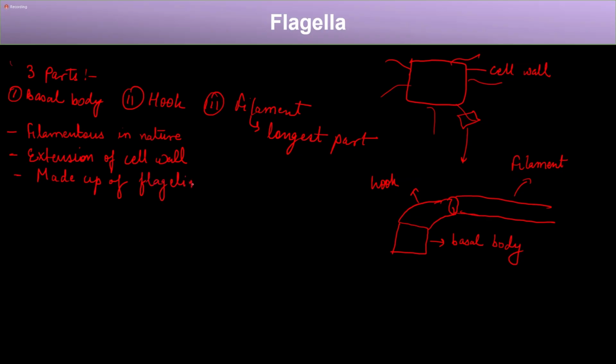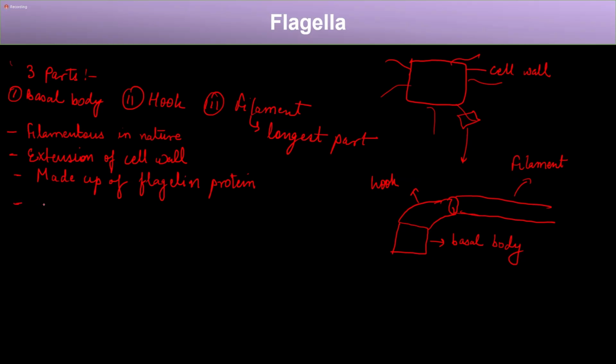Again, is the flagella present in all bacteria? No. We just saw there are some bacteria in which the flagella is present, and others in which it is not present.